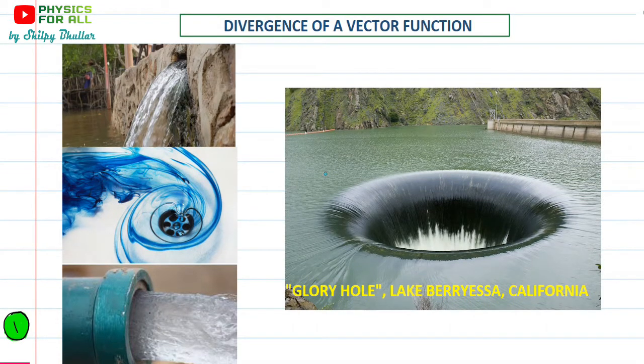First, let's see what the definition is. How do we define this divergence of a vector function? Now, we take some region and we say that the vector function or the vector field is spread over that region. Like suppose this water is the vector function. So this whole lake portion is the place where this whole vector is spread, right?